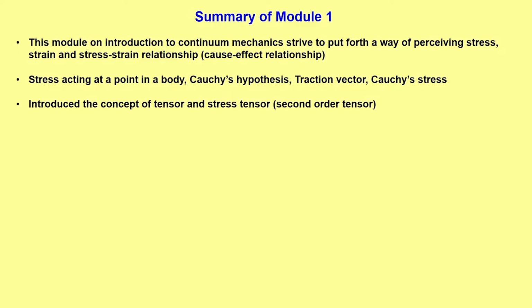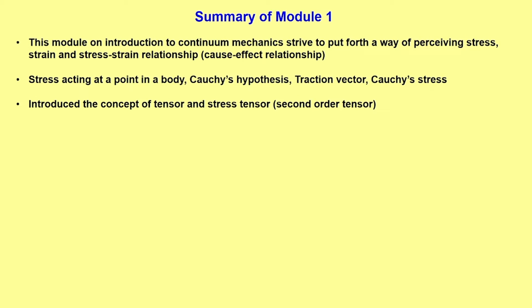Then another important aspect was introducing the concept of tensor. What is a tensor, which is very essential when you deal with higher realms of geomechanical problems. Mostly stresses are dealt with in the form of tensors.